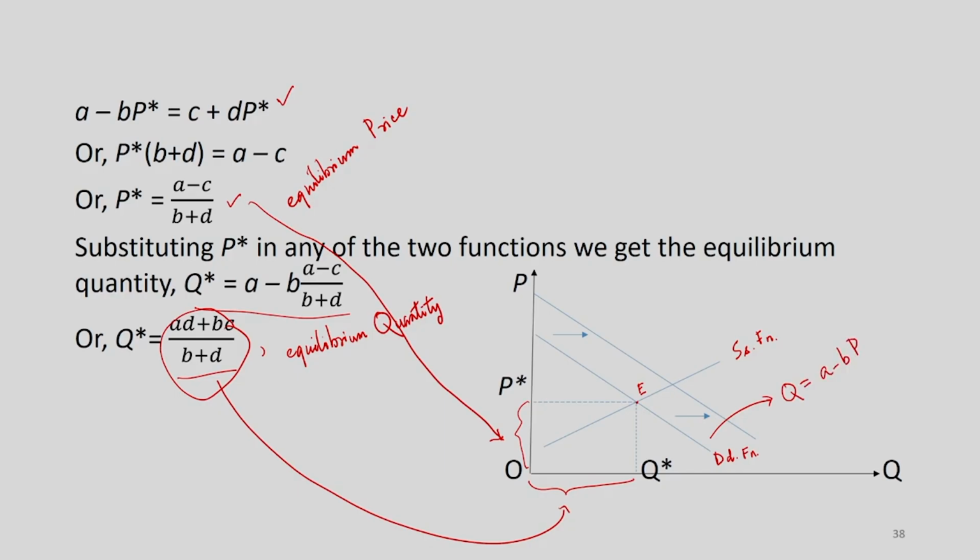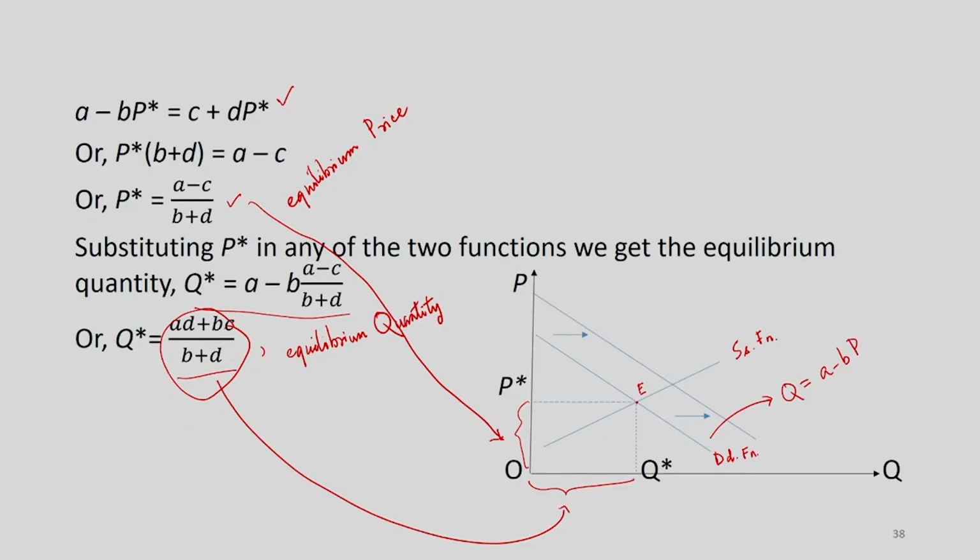And so, as we know, A is the intercept, if P is equal to 0, then Q is equal to A. So, basically it means this is A. Because along the horizontal axis your P value is always 0. So, if I put P is equal to 0, then from this equation you can see that Q is equal to A.